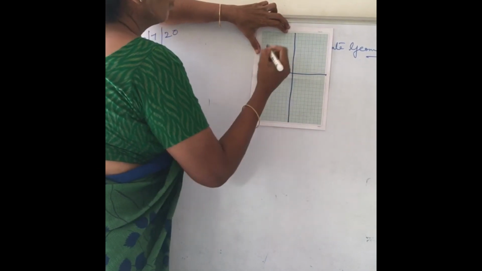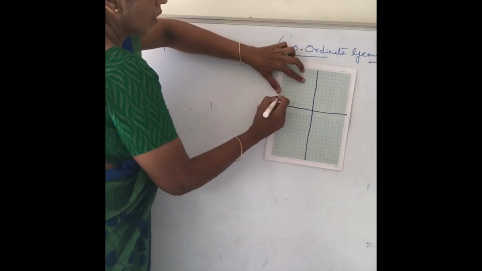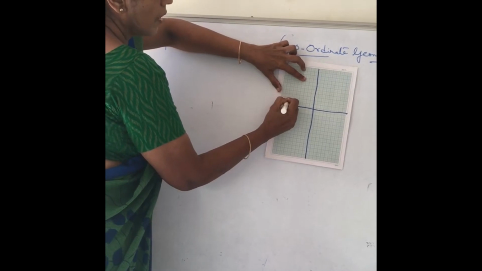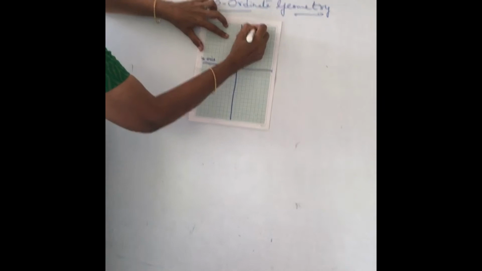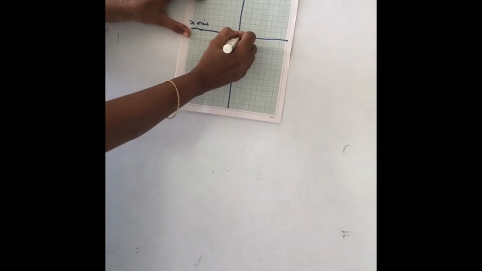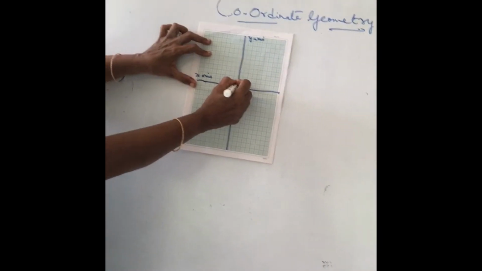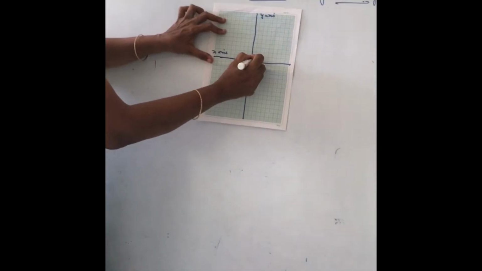This horizontal line is called the x-axis and the vertical line is called the y-axis. These two lines are perpendicular to each other. I think you know the meaning of the word perpendicular, children. They intersect at right angle.